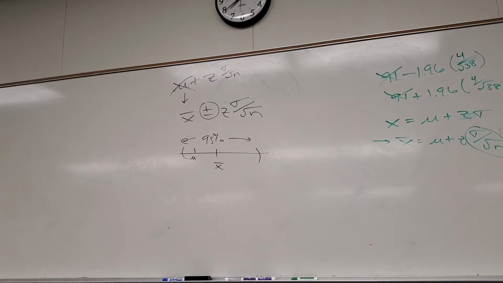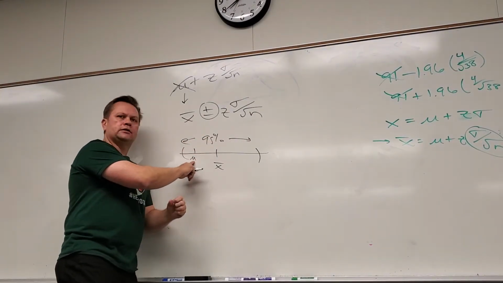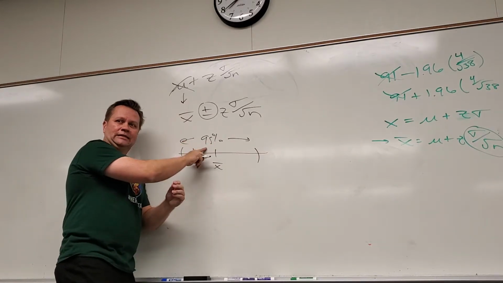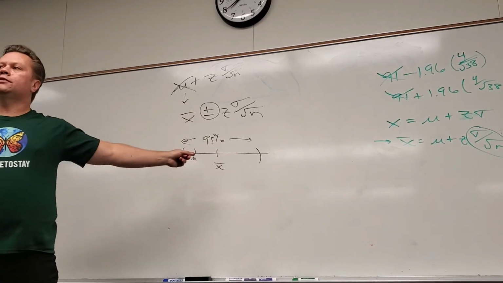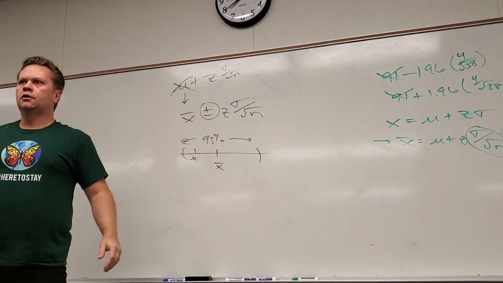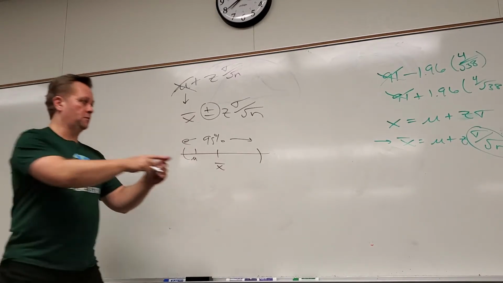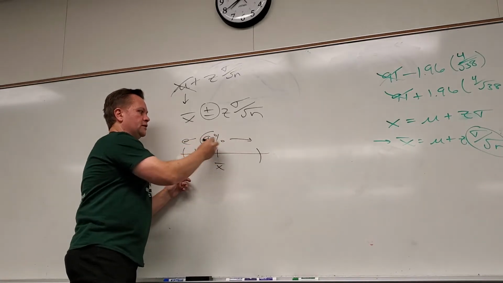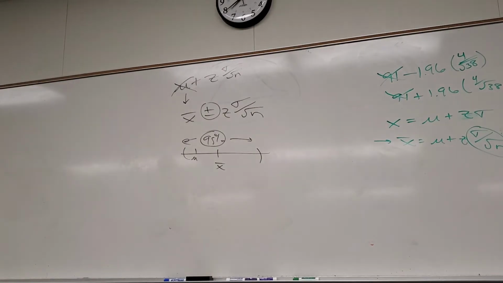So if I construct this, how confident am I that I catch the real mean? I would have to be 95% confident. So we call these confidence intervals. Is everybody with me that that's an interval? And it's an interval that represents a certain level of confidence that it'll actually catch something.